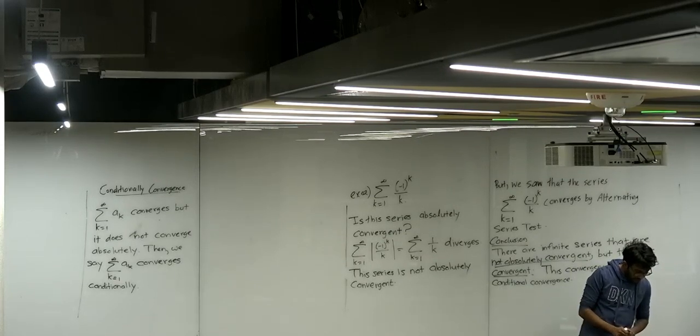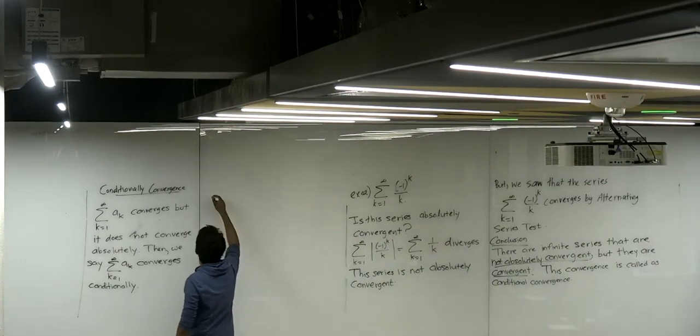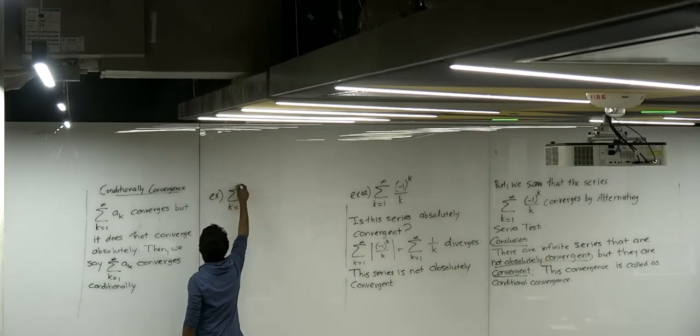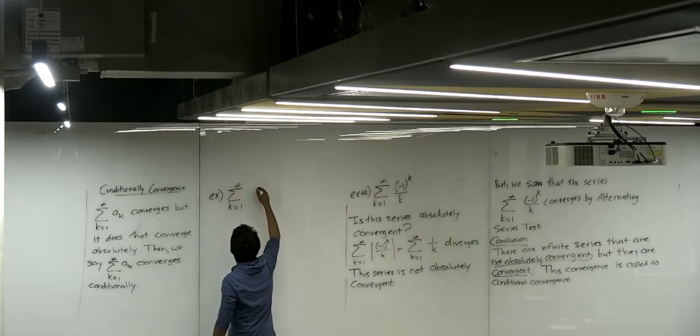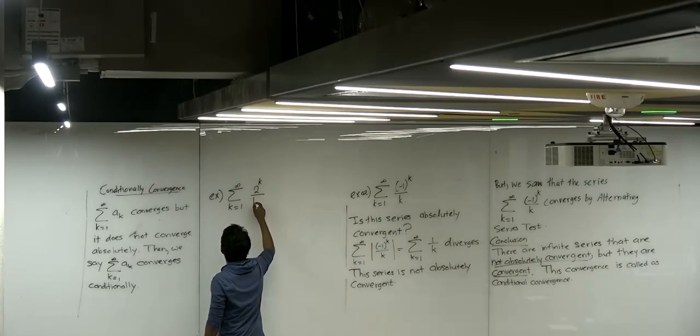My next example is the summation from k equals 1 to infinity of 2 to the power k divided by factorial k.